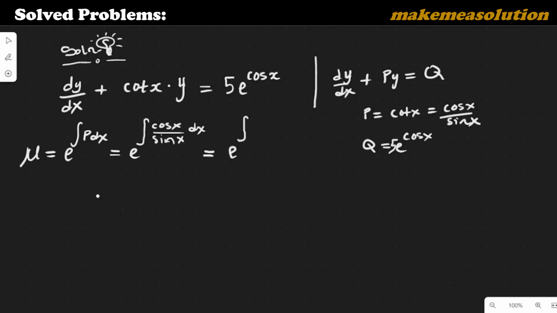If you follow our normal approach, what are you going to get? Yeah, that's right, you're going to get 1 over sin x, then you now have d sin x. Is that okay? So our mu is equal to exponential ln sin x, which is equal to what? Sin x.